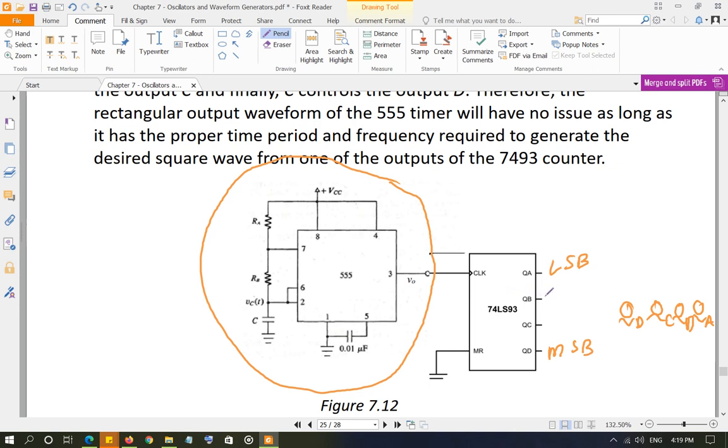The idea here is that if you want a square wave at the output between high and low, with 50% duty cycle, then instead of taking that from the output of the 555 timer, use the output of the timer to run a binary counter, such that whatever frequency or time period you want for your output waveform, you can set that time period at any of the outputs here, and then you can calculate what the corresponding time period will be for the output of the 555 timer.